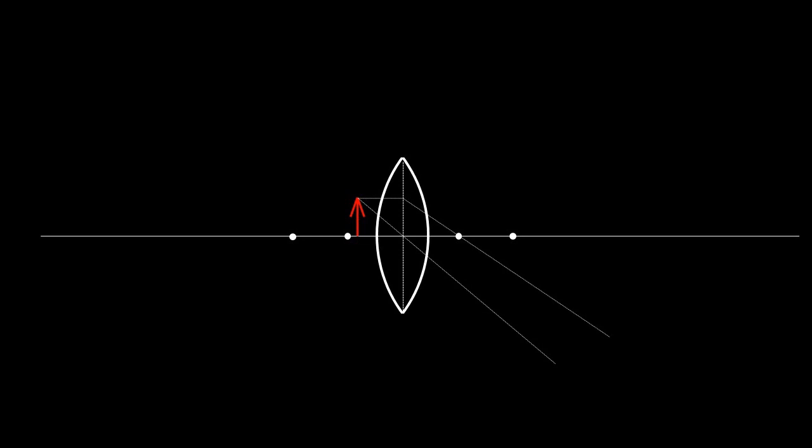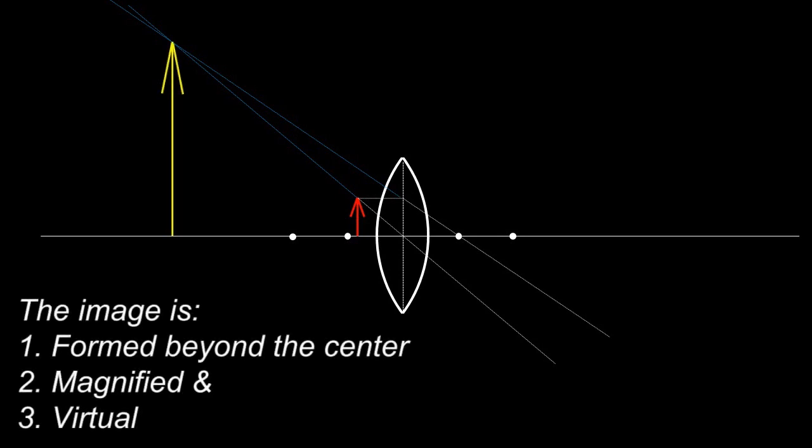As we can see, both rays are diverging from each other. So should we back produce them, they happen to meet at a point and an upright virtual image is formed. This image is upright, virtual and magnified.